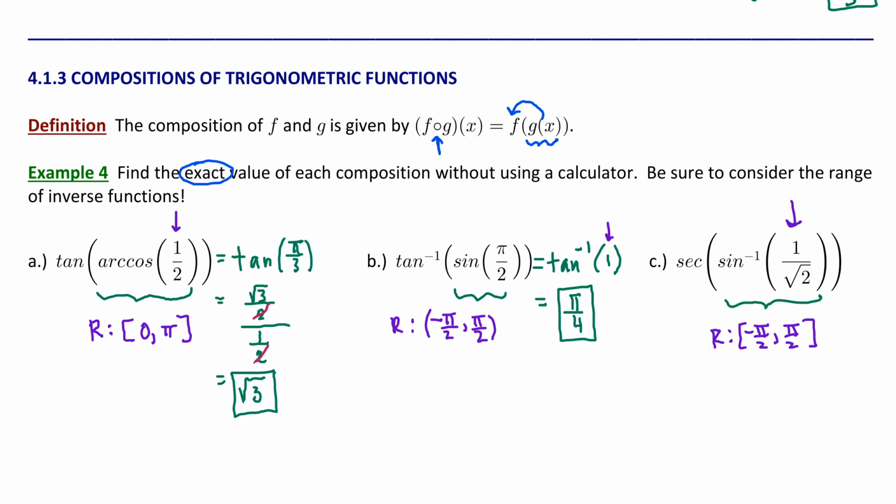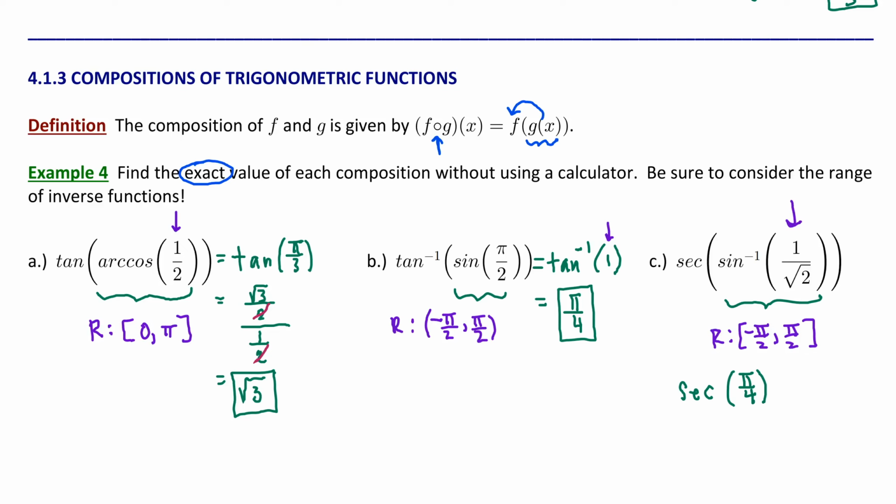Sine is positive in quadrant 1. So I'm looking for a quadrant 1 angle whose sine is 1 over square root of 2. Or if you recognize, when we rationalize that, it's square root of 2 over 2. That's going to give us pi over 4. Now, if you answered in degrees here, you'd still get the same final result.